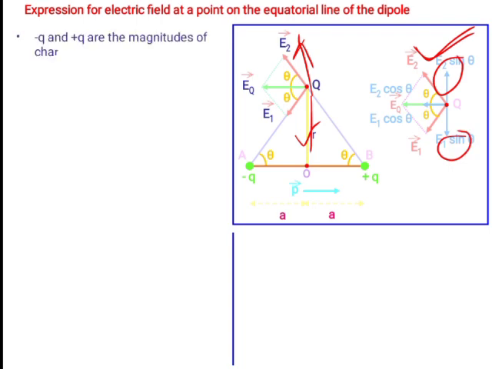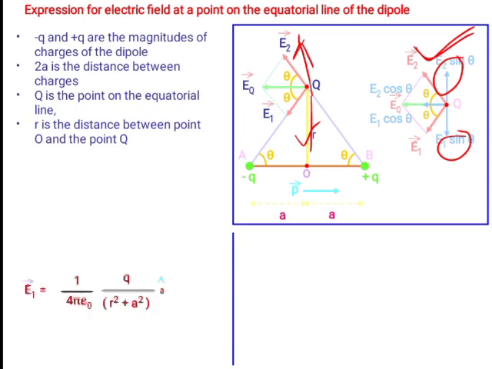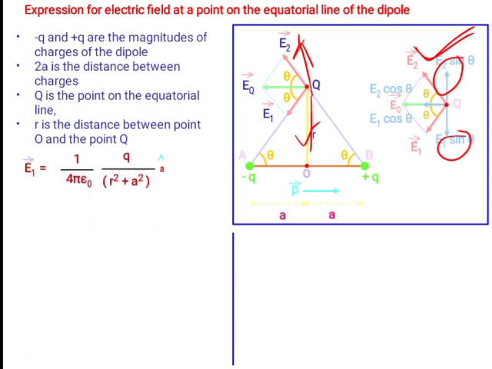Now minus q and plus q are the magnitudes of the charges of the dipole. 2a is the distance between the charges, Q is the point on the equatorial line, and r is the distance between point O and point Q. Then what is the electric field formula? The general expression for electric field is 1 divided by 4 pi epsilon naught times Q divided by r square.